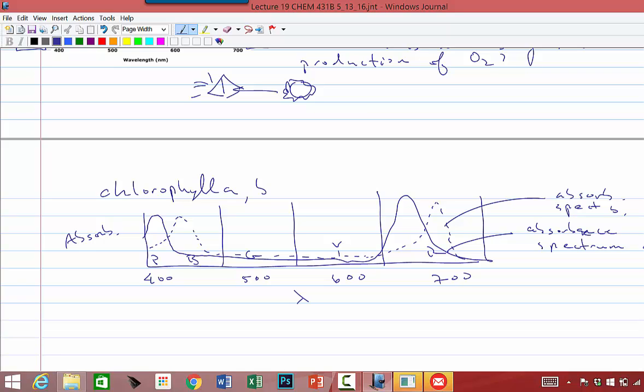Yeah, A0 and A1 are chlorophyll molecules. Let me just check my notes to make sure that's correct. Yeah, chlorophyll. Okay, A0 is a chlorophyll.